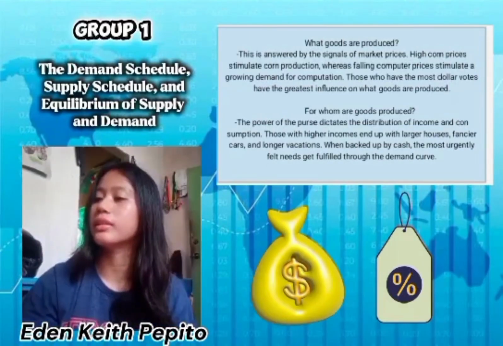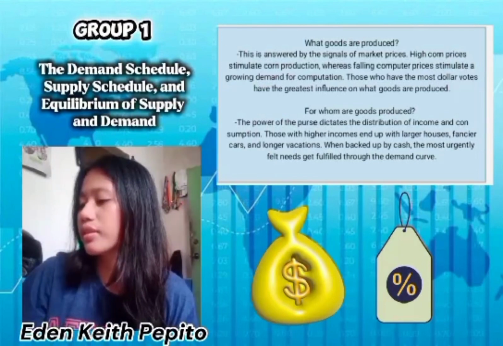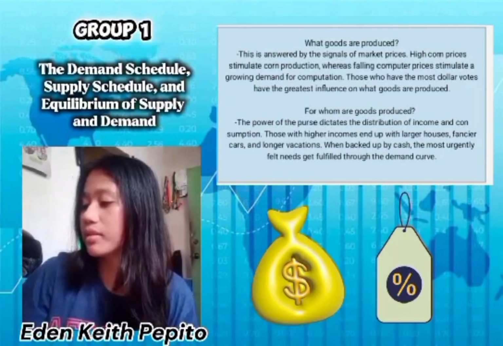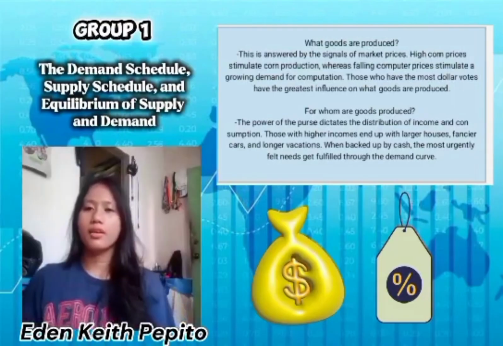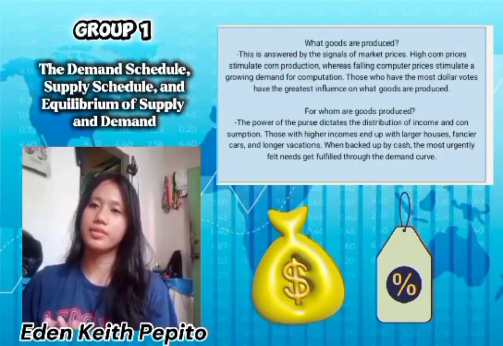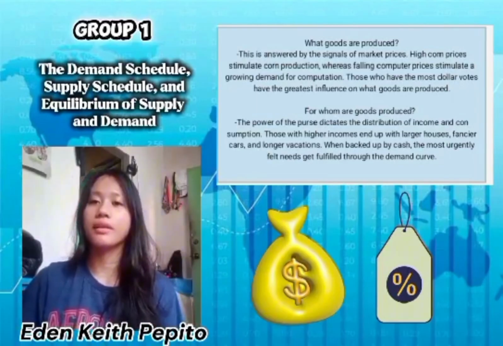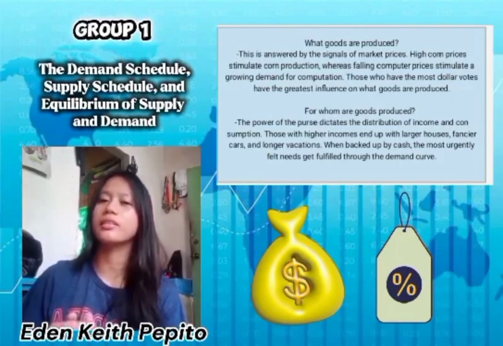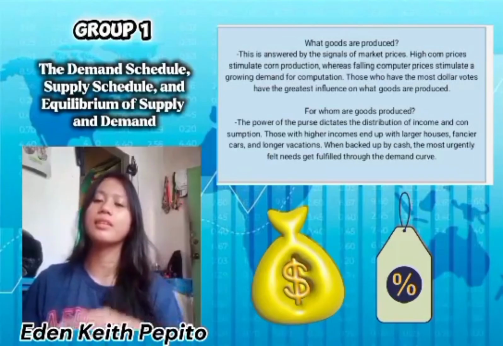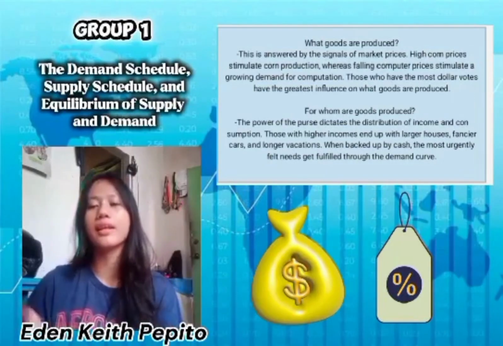Pasabot ani, the power of the purse dictates the distribution of income and consumption. Meaning aning the power of the purse, as I've said earlier, ang purse means katunang mga tao nga daghang kwarta, daghang income, daghan kay sila mapalit, something ana.